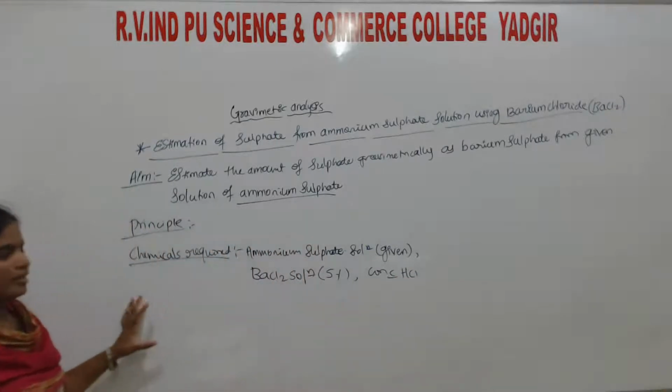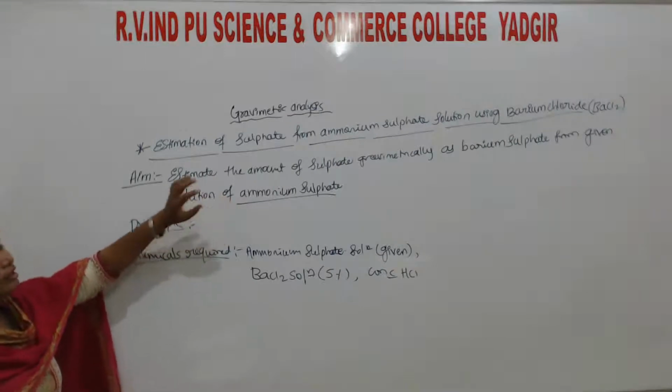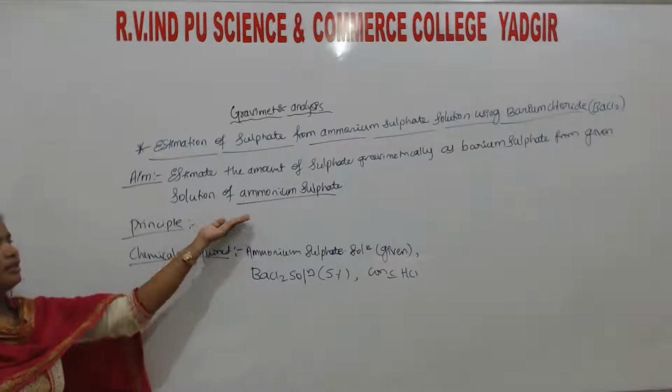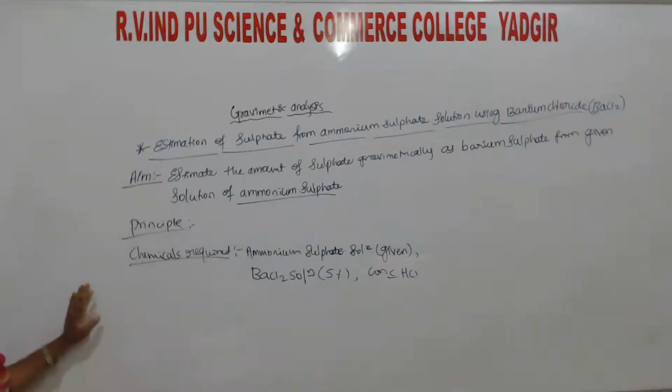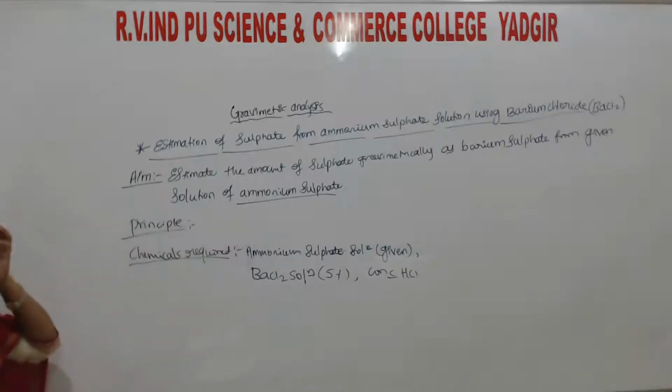These are the chemicals required for this gravimetric estimation, finding the sulfate in the given ammonium sulfate solution, precipitated as barium sulfate.